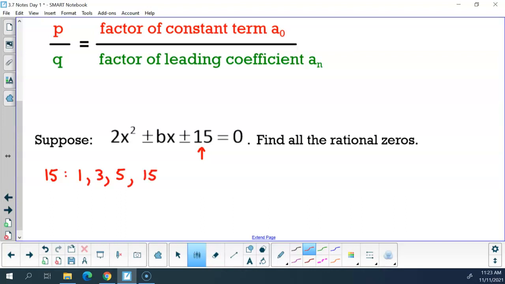Are there any more? I can think of 4 more. I'm positive, or I might be negative. So we could go plus or minus here.